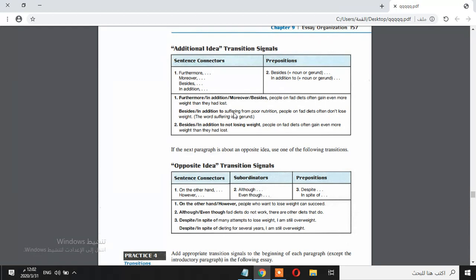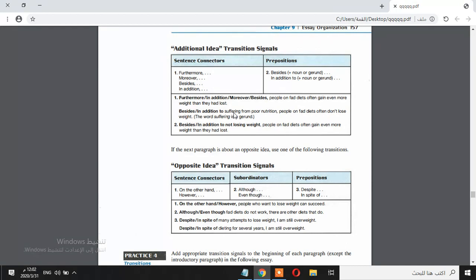We have sentence connectors, subordinators, and prepositions. With sentence connectors like on the other hand and however, what comes after them is a full sentence, but this sentence contradicts or opposes in meaning the previous one.